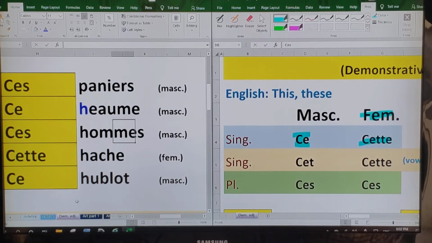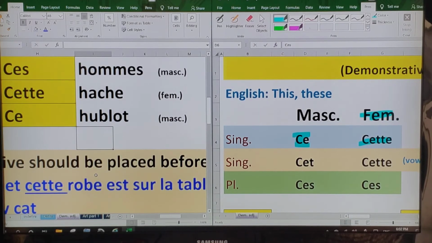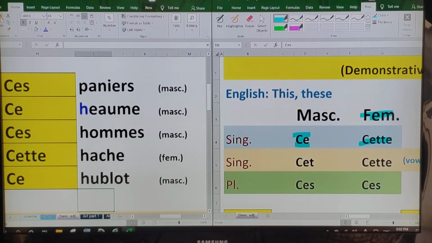In a nutshell, it's how they are written in the phonetic language. The nouns beginning with H aspirated begin with an apostrophe in the phonetic language. So whenever you see an apostrophe there, it indicates that the H has to be pronounced. Okay, back to the lesson.